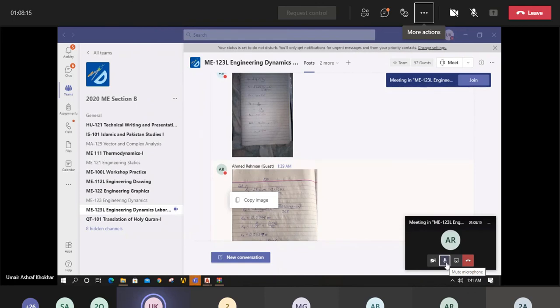Now you have to follow the similar procedure for the copy, but in this one thing you have to do: I need applications in every case. You have to do research on applications. You have to find out something from the internet about the applications of these types of experiment. And what you're gonna do, you're gonna find out an application and find out the significance of radius of gyration in that particular application for the particular member.